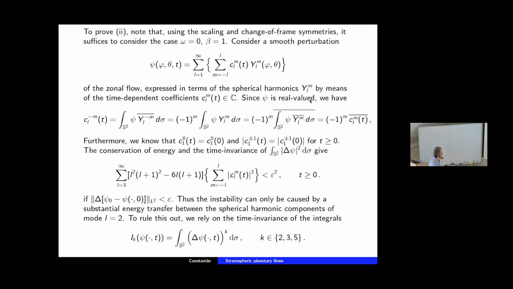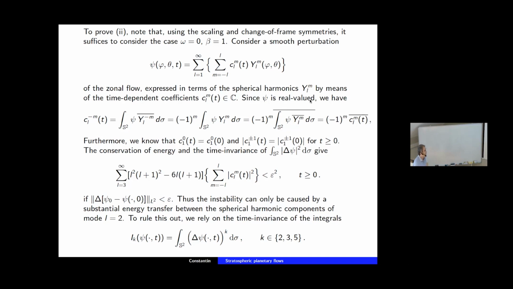So if you take into account conservation of energy and invariance of this, which is one special Casimir, then you can make this expression small if initially this is small. And this is a 3 here, this is not a typo. The 3 comes because for l greater or equal 3, this is positive.